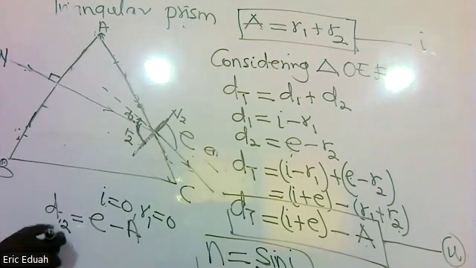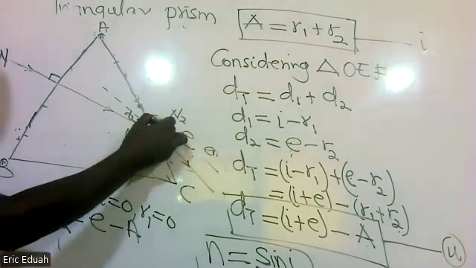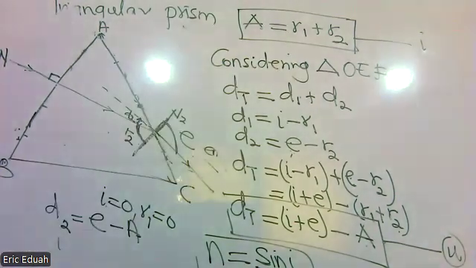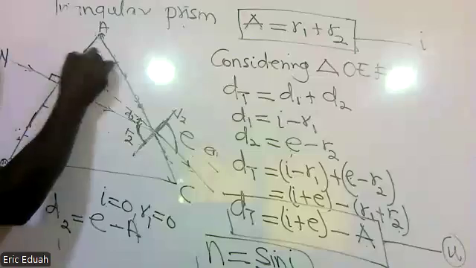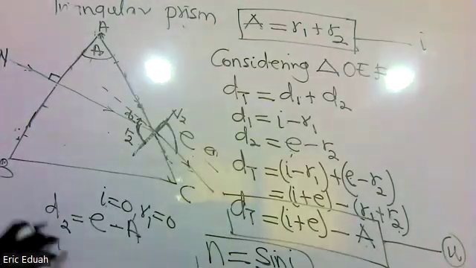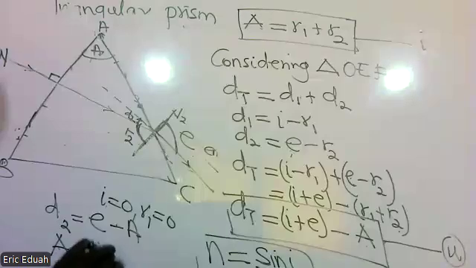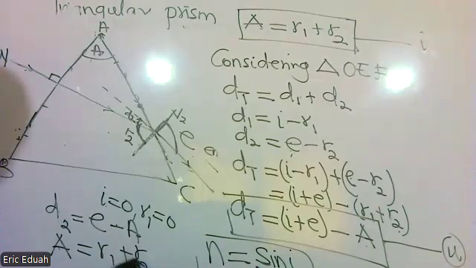Okay, and D2 is what we are describing as the total deviation. It will be given by the angle of emergence minus the refracting angle of the prism. And don't forget, you also use A is equal to R1 plus R2 in solving your problems.